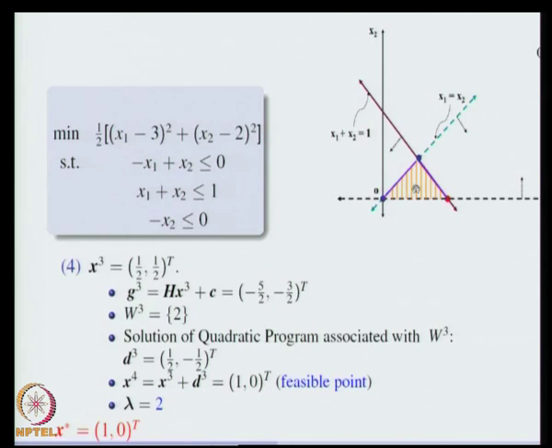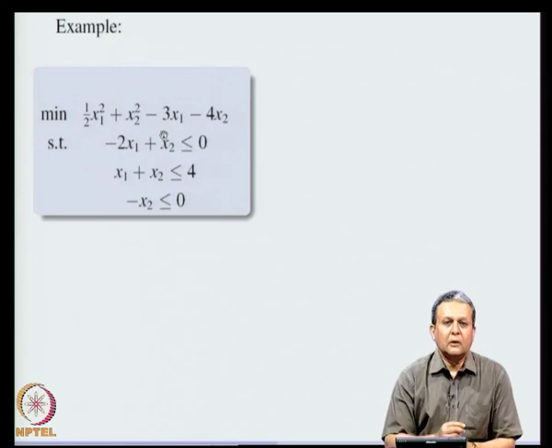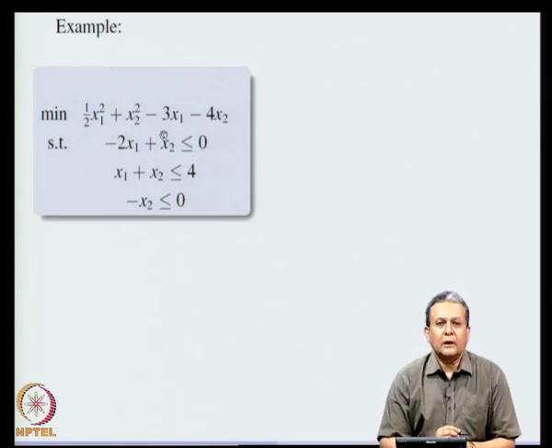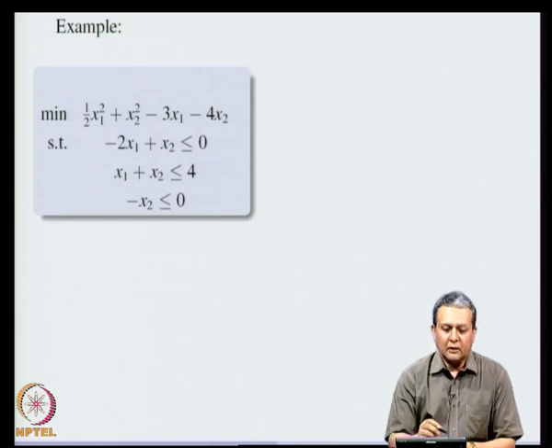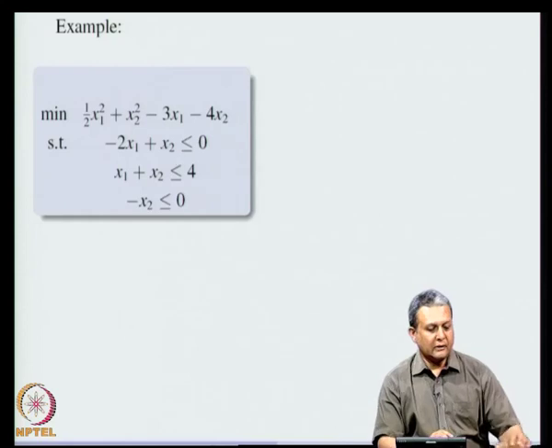Now, this was the case where we moved along the boundary and got the solution, but this need not always be the case. So, let us see another example, where a convex quadratic function is given subject to some linear inequality constraints.